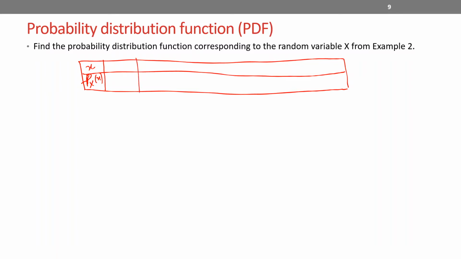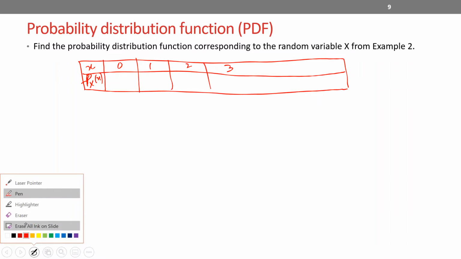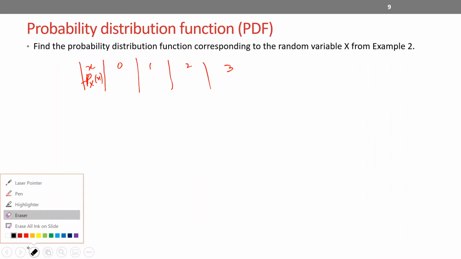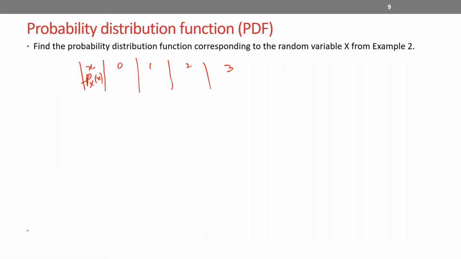So now we know that x can take 0, like 0 heads, right? Or 1 head, or 2 heads, and 3 heads. Let me draw the table a little smaller.